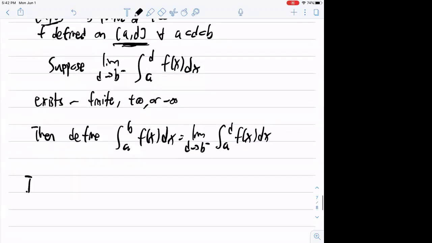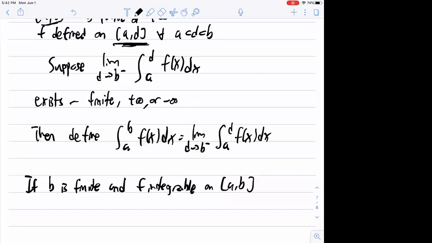So if B is finite and f is integrable on AB, this is just the usual definition. Some people do call it improper, but it coincides with the proper one.